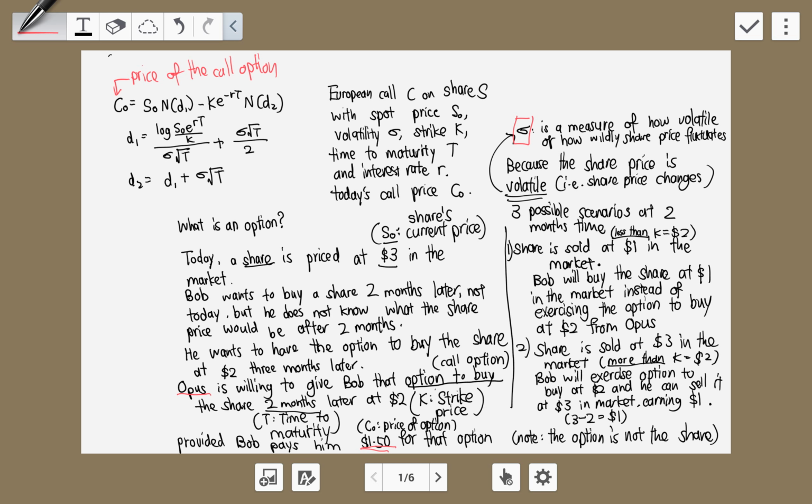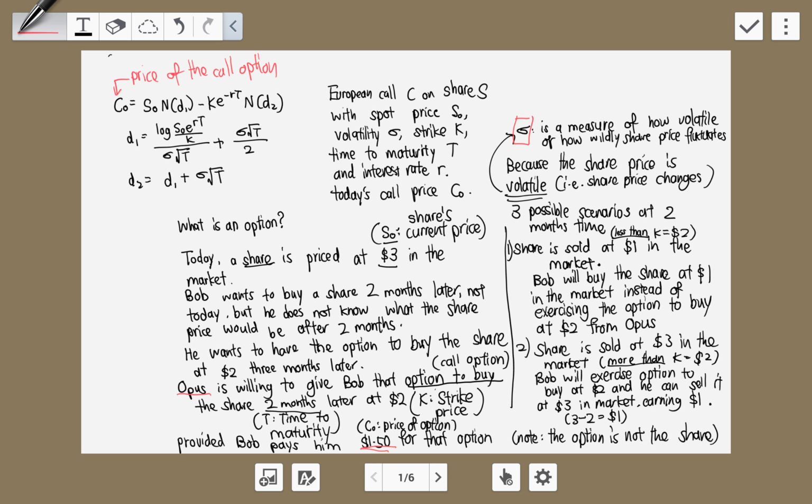Although he bought the call option, that money was already paid to Opus when he bought that option. So he wouldn't get it back. Even if he decides not to exercise the option, he would not get the $1.50 back. That is a sunk cost.